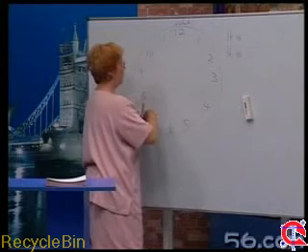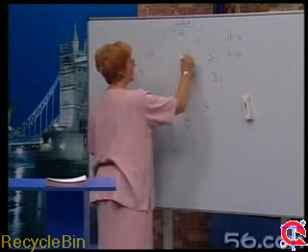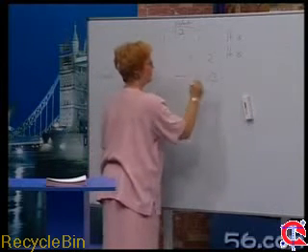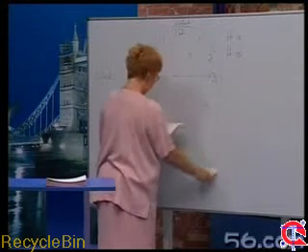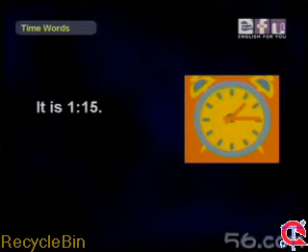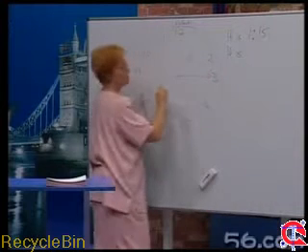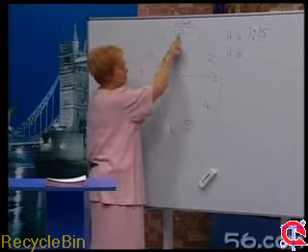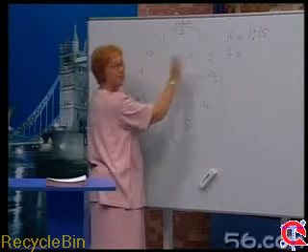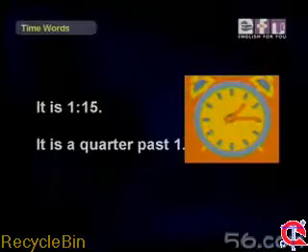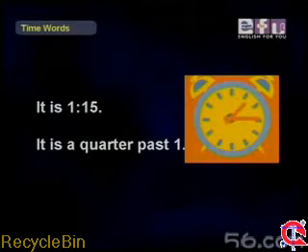All right? Now, another example. We'll still use 1. Now, here we can say this 3 ways. Easy. It is 1:15. Or we can say it is 1/4 past 1.